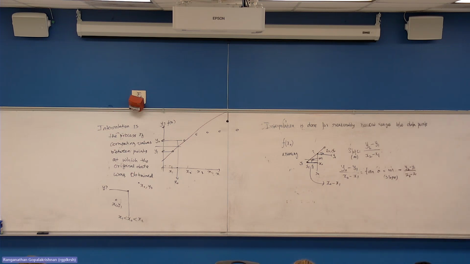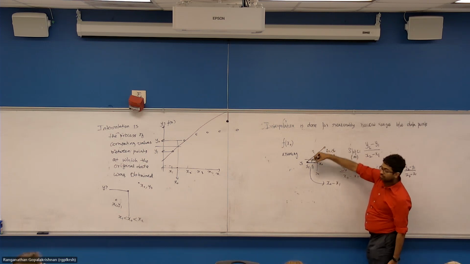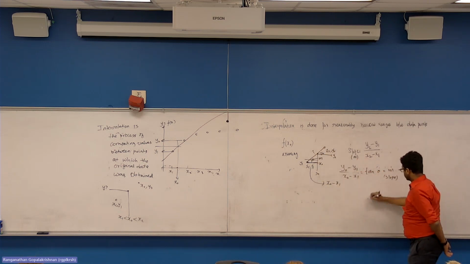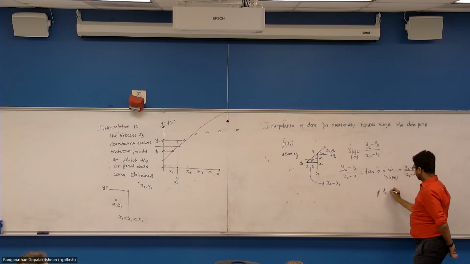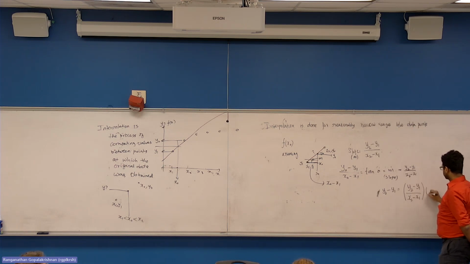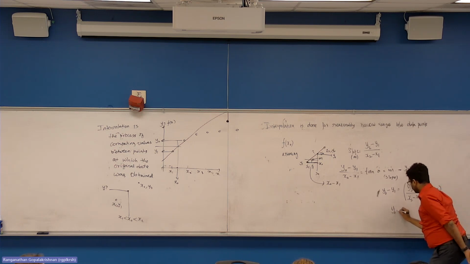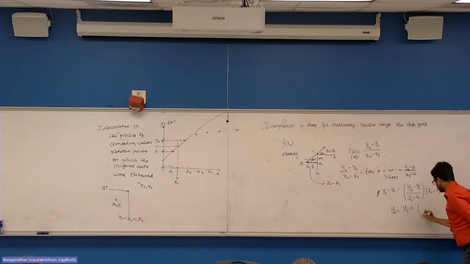This train of thought is making sense to you. That is, you are just taking any point between the 2 points, writing their distance and the slope, and using that you are evaluating what is this height. Okay, so you can write y0 minus y1 is equal to y2 minus y1 divided by x2 minus x1 times x0 minus x1, or y0 equal to y1 plus slope times distance along the x direction.